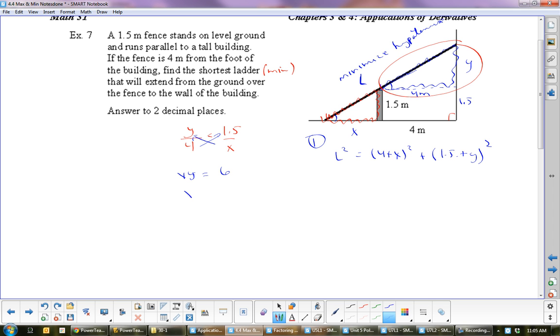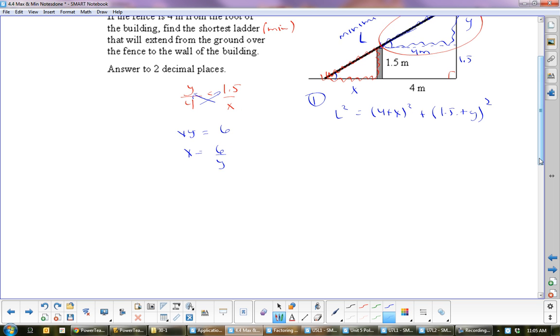And then x equals 6 over y. Okay, now you can see already that's not going to be fun because we have a variable in the bottom, but you can do this to make your life a little easier when you get to the chain rule, because then you don't have to do the quotient rule in the chain rule.